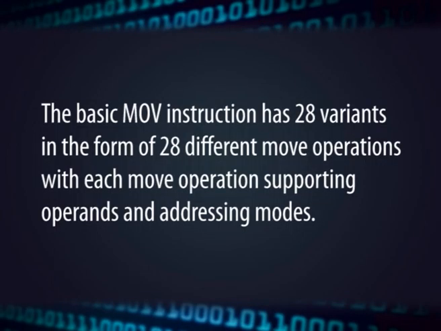The basic instructions have a wide range of operands and addressing modes available, so that the basic instructions expand into many more instructions executable at the machine level. For example, the basic move instruction has 28 variants in the form of 28 different move operations, with each move operation supporting operands and addressing modes.